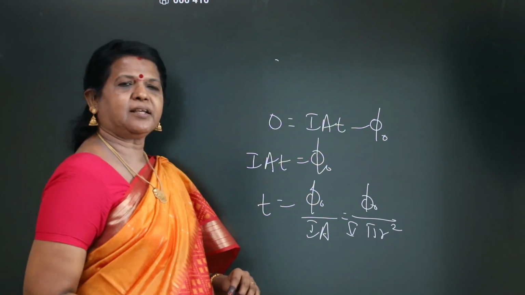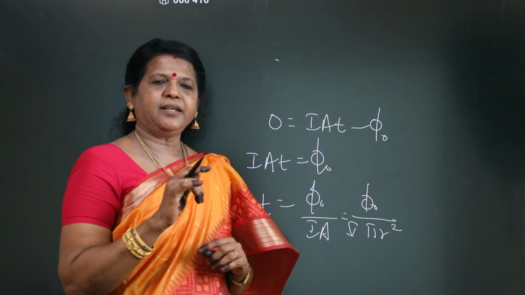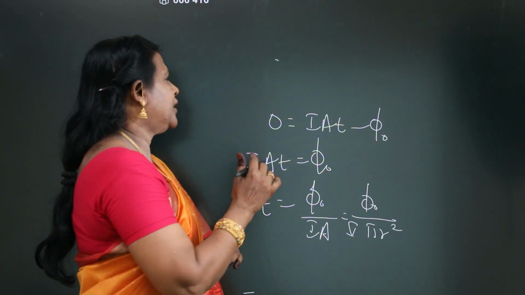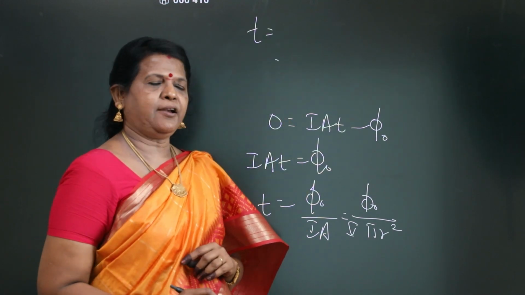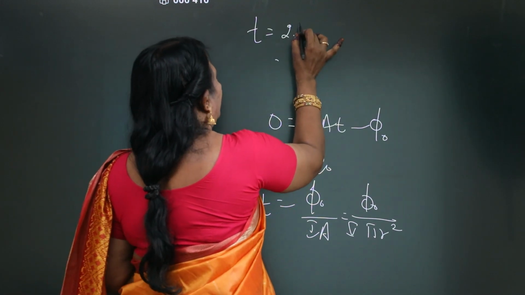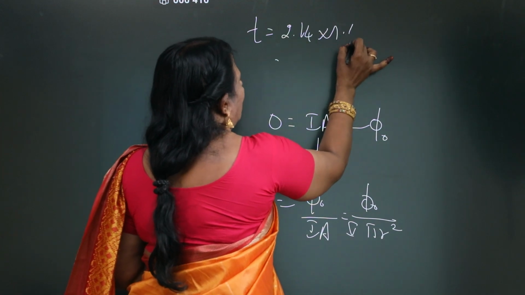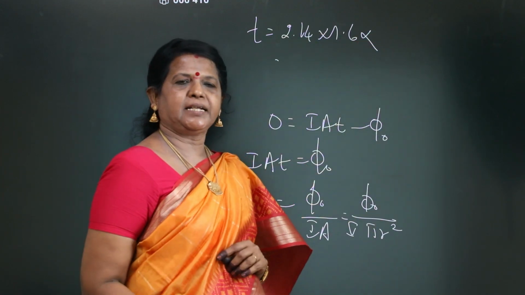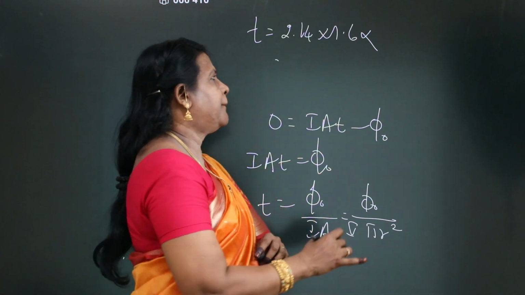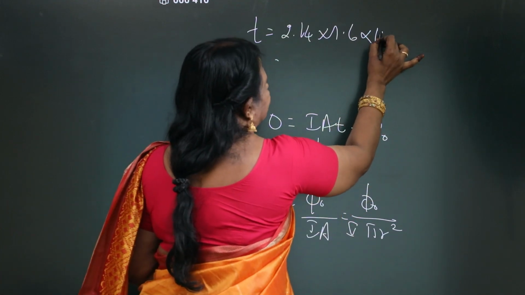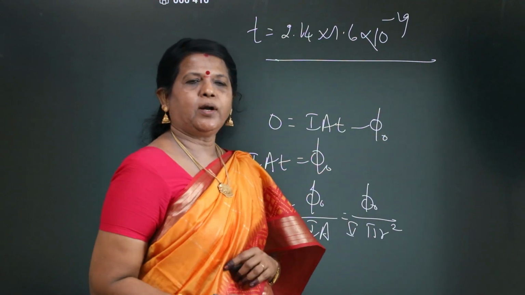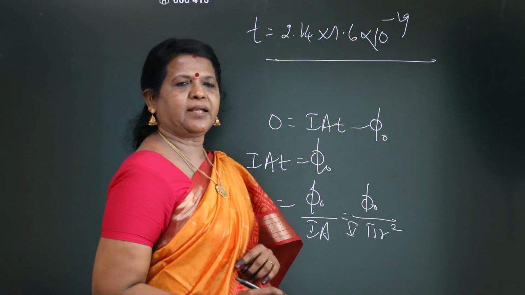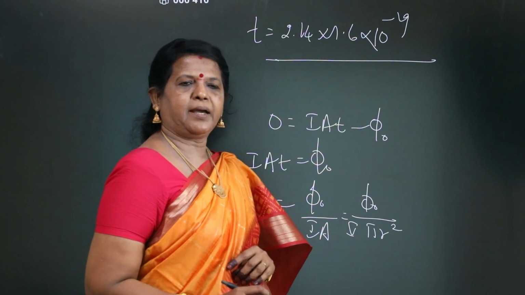By substituting the value of phi naught, the value of t is equal to 2.14 into 1.6 into 10 power minus 19, divided by 1.60 into 10 power minus 6.